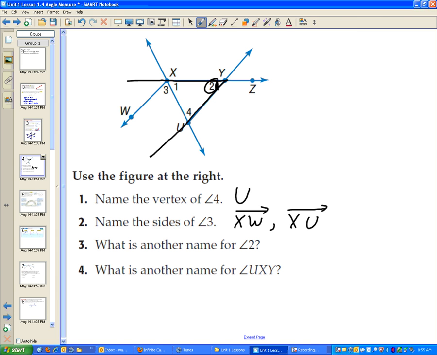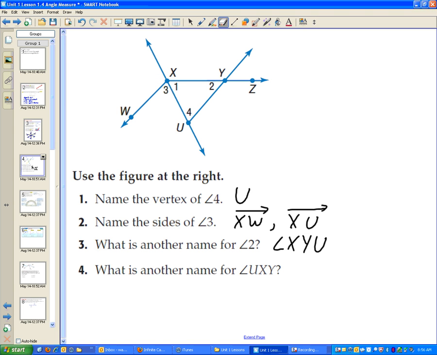They'll always put the number in the interior of the angle. JR? Exactly. All right. Angle XYU. Could he have called it angle UYX? Yeah. Yep.